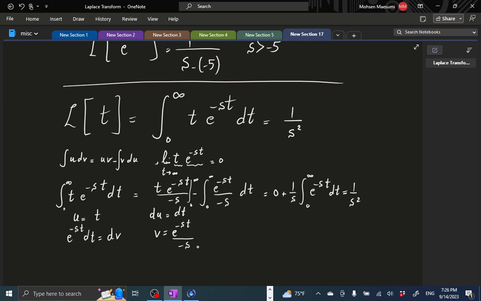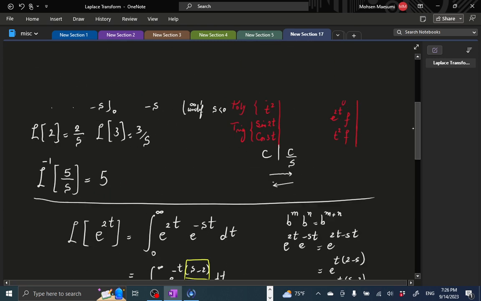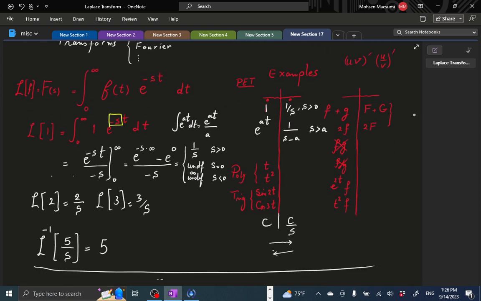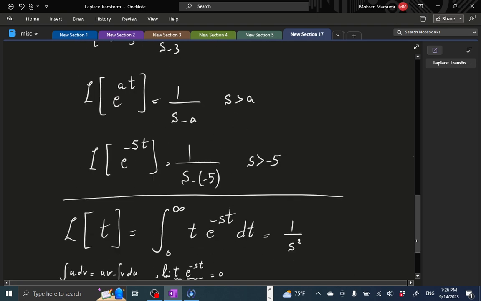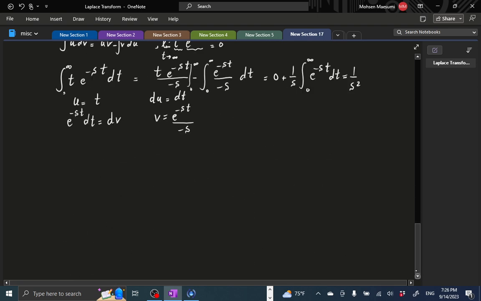So let's go ahead and write down: for t, the Laplace transform is 1 over s squared, and as before, the restriction is s larger than 0. Well, we need t squared, t cubed, and in general all polynomials t to the power of n. So let's see if we can find that quickly.